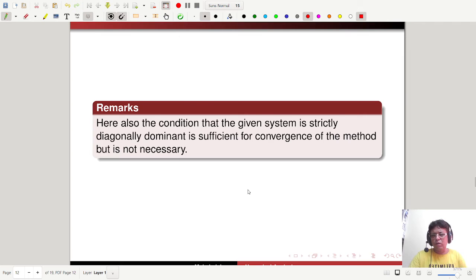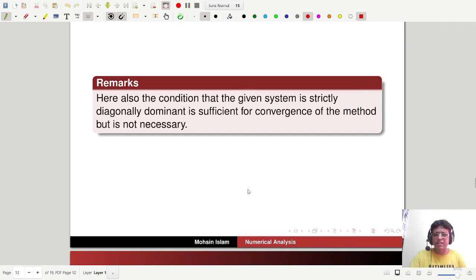Here also, let us have some condition that the given system is strictly diagonally dominant. The same thing here: the condition is sufficient for convergence of the method, but it is not necessary, just like the Gauss Jacobi method.